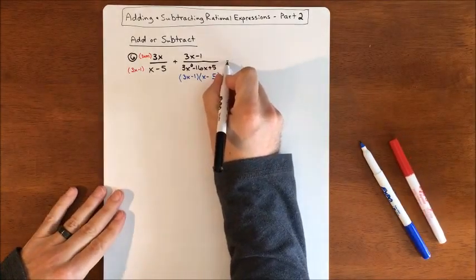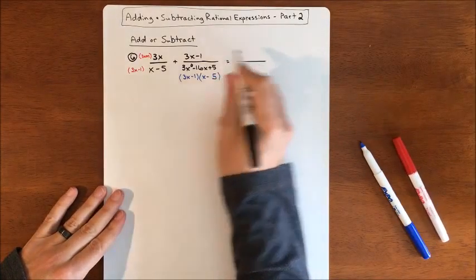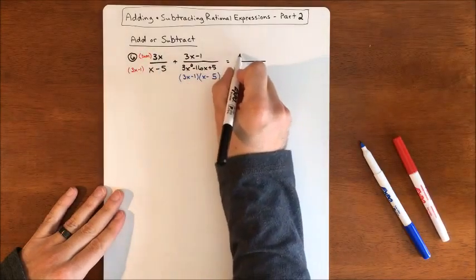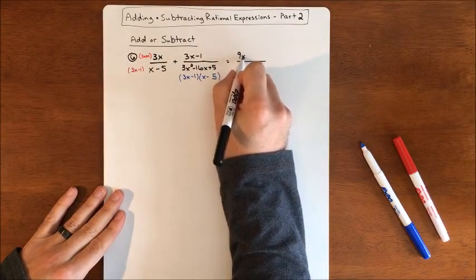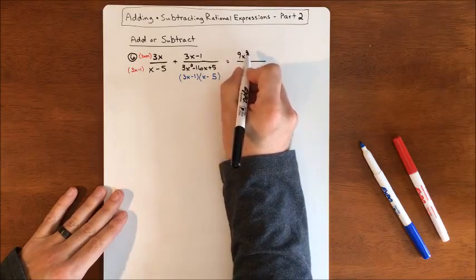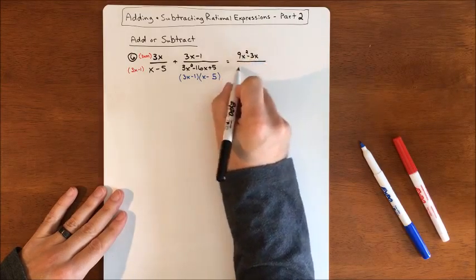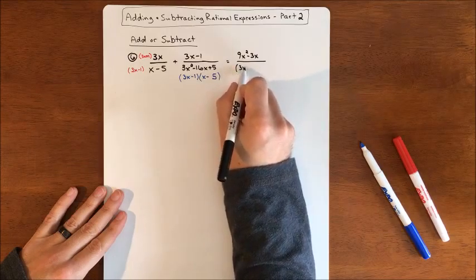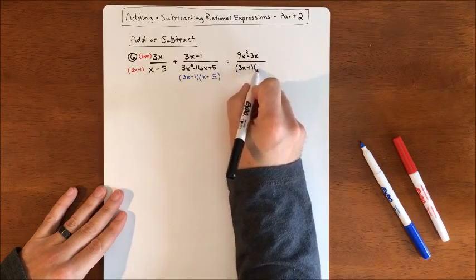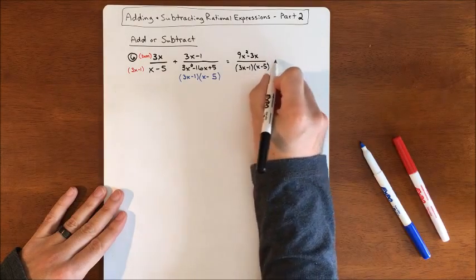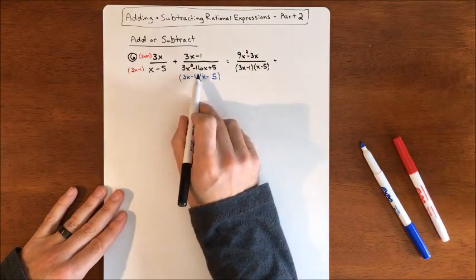So that is going to get us a distribution needs to happen, so we'll distribute the 3 into both of those. So that's going to be a 9x squared minus 3x with our common denominator of 3x minus 1, x minus 5, and then plus, we didn't have to do anything to that one.